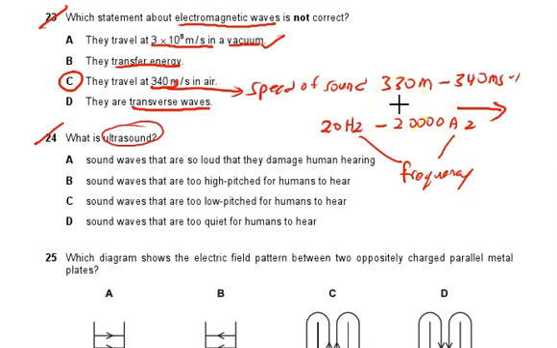Ultrasound should be a higher pitch. Loud we cannot choose, because this is amplitude. Quiet and loud relate more to amplitude. So we have to look at the frequency, whether it is a higher pitch or lower pitch. If it is beyond 20,000, it should be higher pitch. So your answer is B over here.